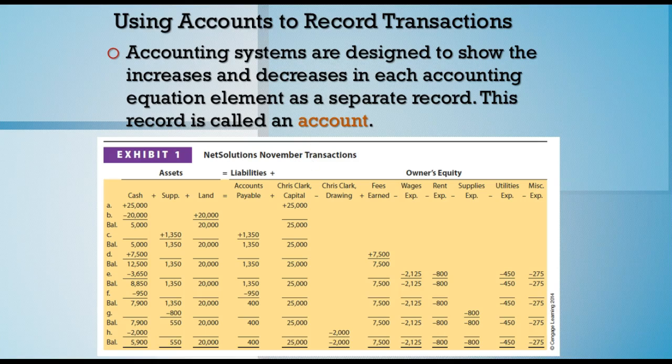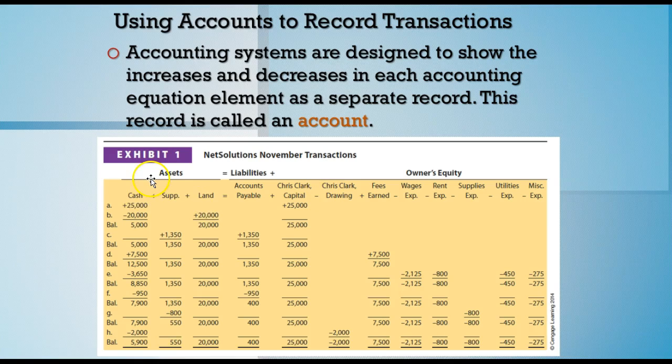So, what is an accounting system? Well, an accounting system is a group of categories that are put together to keep track of the money being used in a business. And those categories are assets, liabilities, and owner's equity.